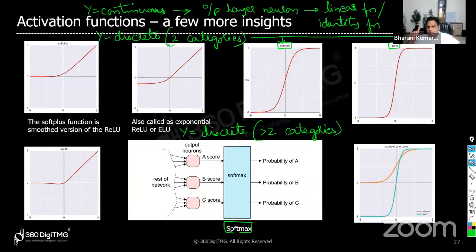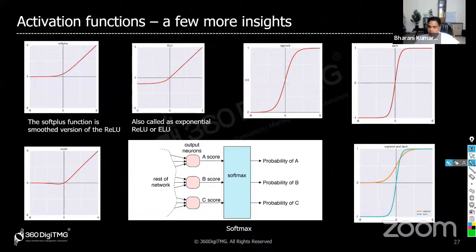If output is continuous, linear identity function in your output layer neuron. If output variable is discrete in two categories, you either use sigmoid or tanh. If the output variable is discrete in more than two categories, we use softmax. Okay.